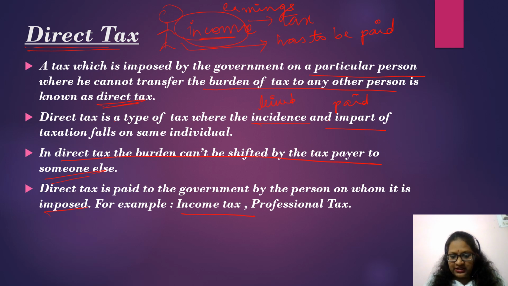For example, income tax or professional tax. Income tax is levied on whatever earnings we earn in a financial year, and it's calculated on that. That amount of tax which has been calculated is paid by that individual. Now let's see what are the forms of direct tax we have.